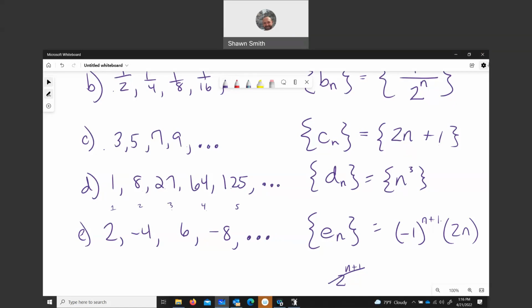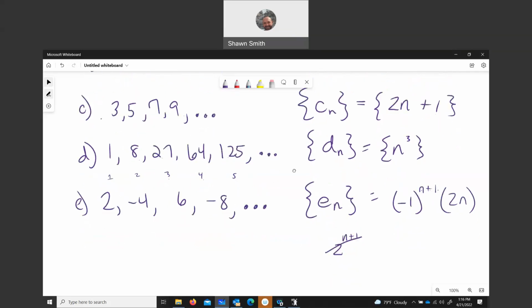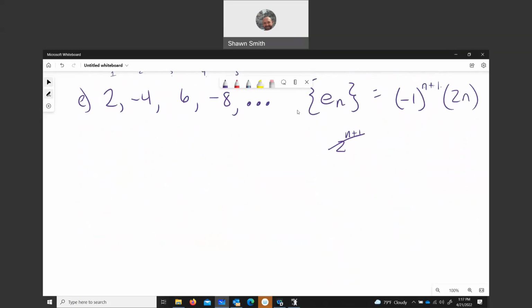All right, so that is a little bit of information about how the pattern of sequences occur, or trying to figure out the formulas or rules of the sequence. Next thing we have to talk about is the factorial symbol.